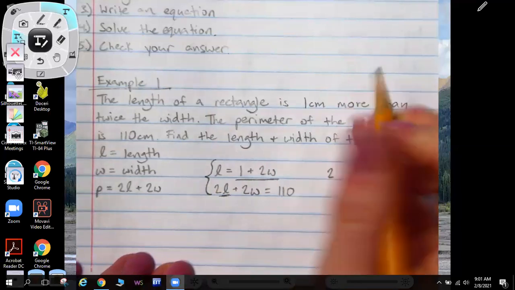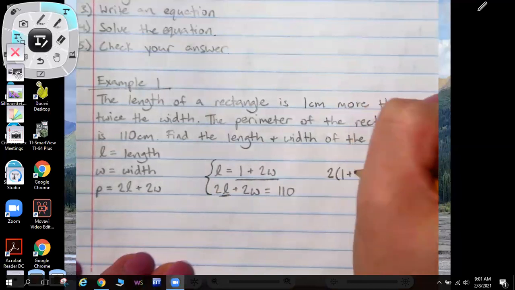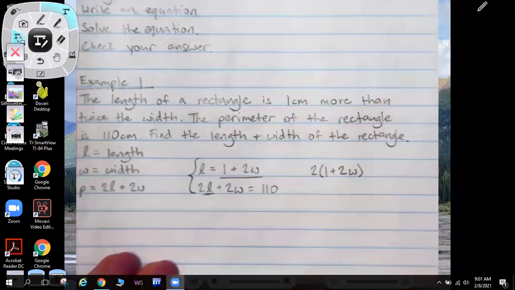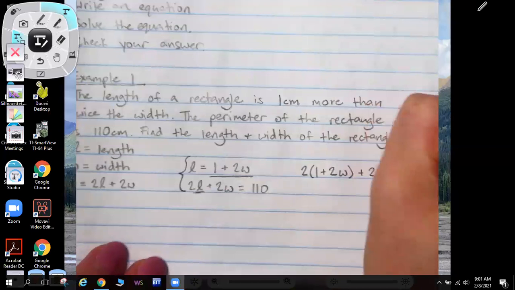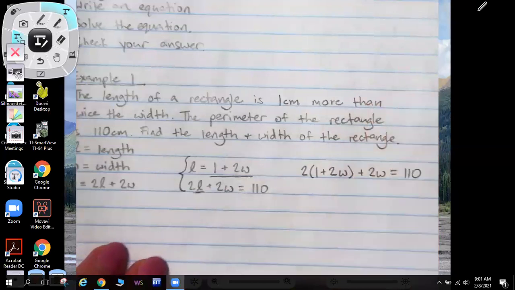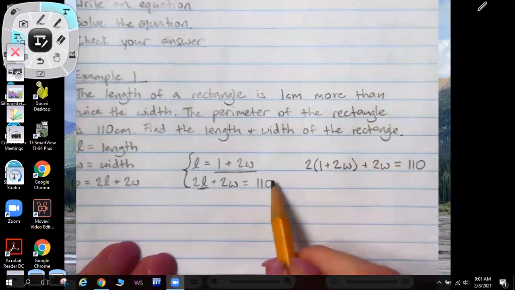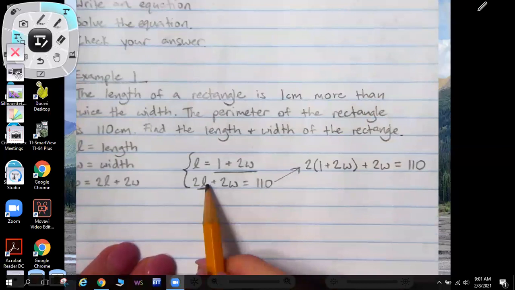So instead of 2L, I have 2 times 1 plus 2W, plus 2W equals 110. So all I did was take my second equation, but instead of L, I plugged in what L is equal to, which is 1 plus 2W.